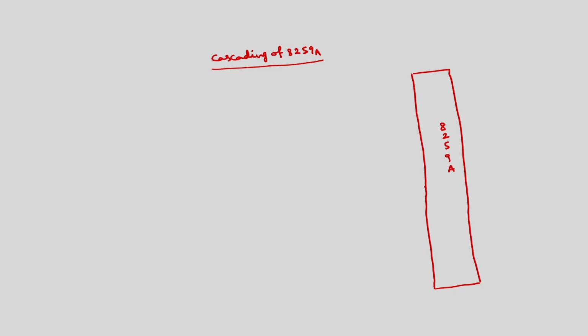So, here in this case one master has to be present. If I call this one as a master 8259, so we know that this will be having IR0 to IR7 interrupt requests, IR0, IR1, IR2, IR3, IR4, IR5, IR6 and IR7.